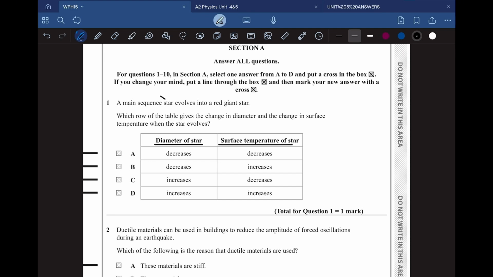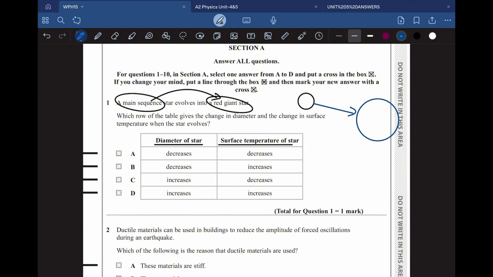Now we know when the main sequence star evolves into a red giant star, the main sequence star was like this, the red giant star, as the name suggests, it is giant, right? So it will be, let's say, this big. So if something gets bigger, we know its diameter will increase. So its answer will be either C or D.